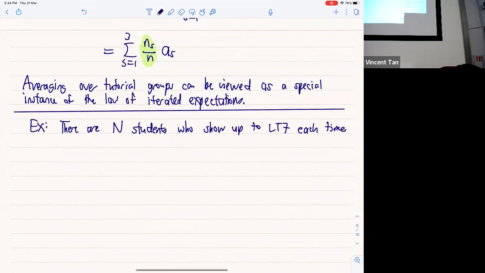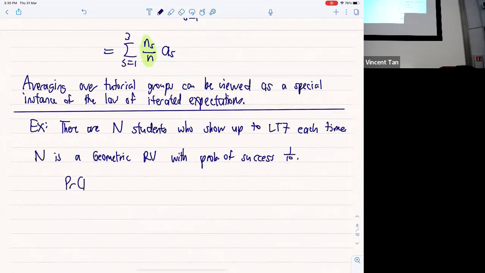N is a geometric random variable with probability of success 1/10. Okay, so that means that the probability that N is equal to n is 1/10 times 9/10 to the n minus 1. n runs from 1 and so on and so forth.